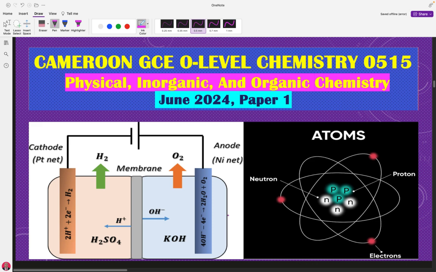Then you also need to know the reaction of aqueous silver nitrate with chloride ions. What does it give? And your periodic table, how elements are arranged in terms of group, in terms of periods, and their properties. When you have this in place, then I will be proud of you.